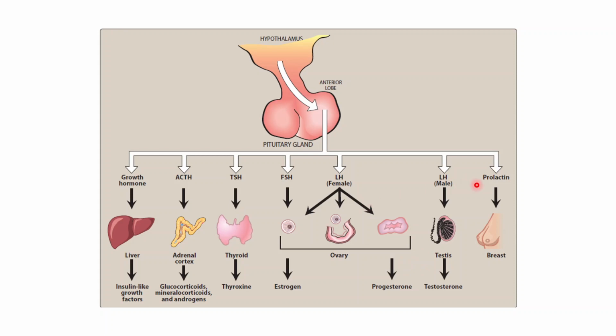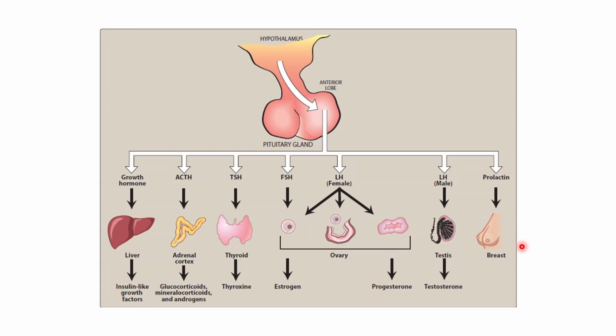And then prolactin will actually stimulate the breast growth and also the lactation in women. So these are the main hormones. There is no insulin here because insulin is controlled by the glucose level in the blood. So this is an exception.